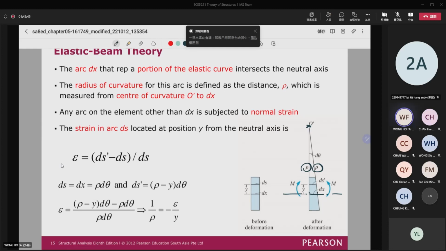It can be shown that 1 over rho, the 1 over the radius of curvature, is equal to epsilon, the strain at this location, over y. Y is the distance from the centroid up to the location that you are interested in.